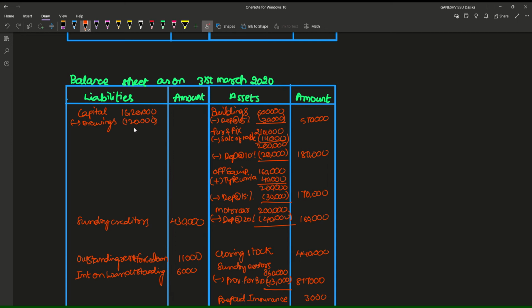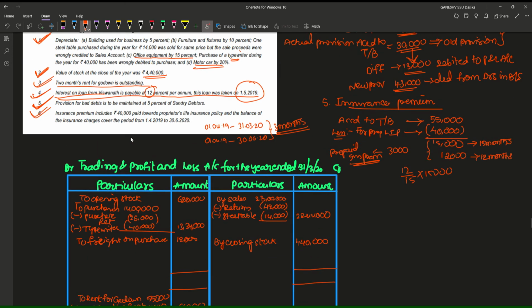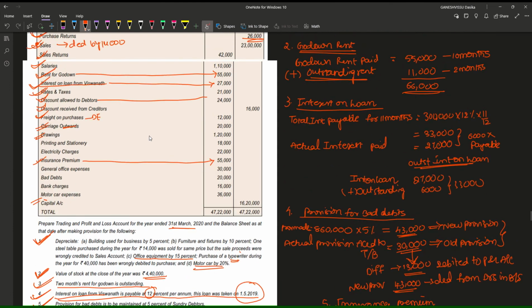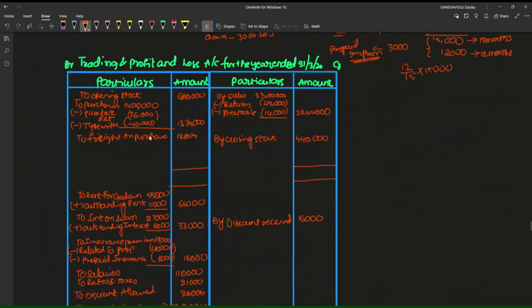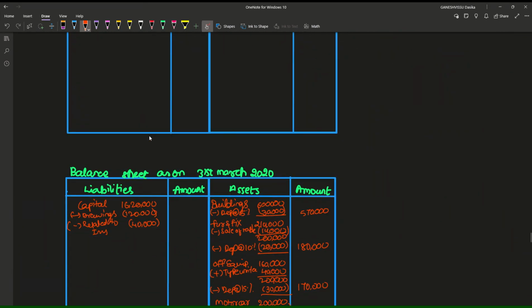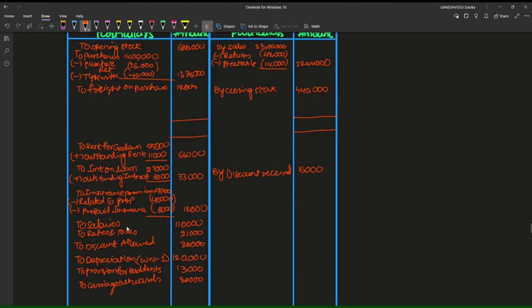And one more item related to insurance, which is 40,000. This is also to be deducted because it has been paid. If we have any net profit or net loss, we can write it here with the capital.